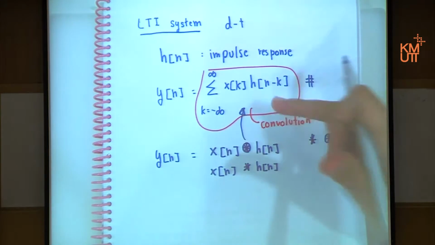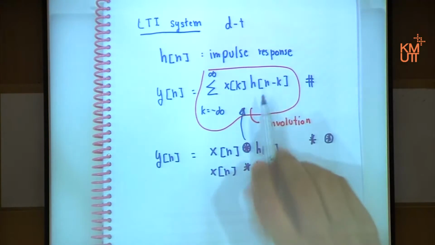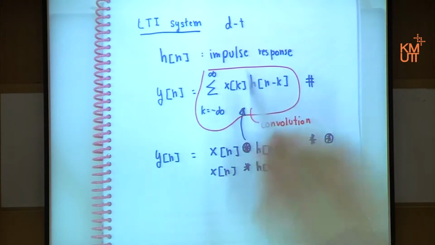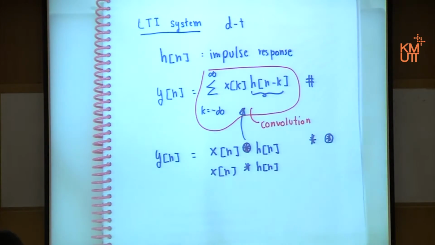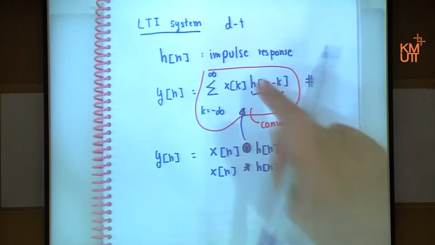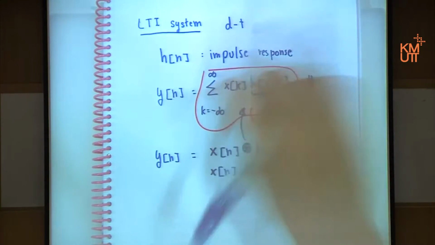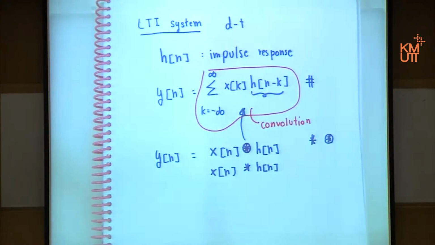What are the operations inside convolution? From this equation, for h you need to perform a shifting operation first, and then multiply the shifted version of h with x, and then sum the result over all k.